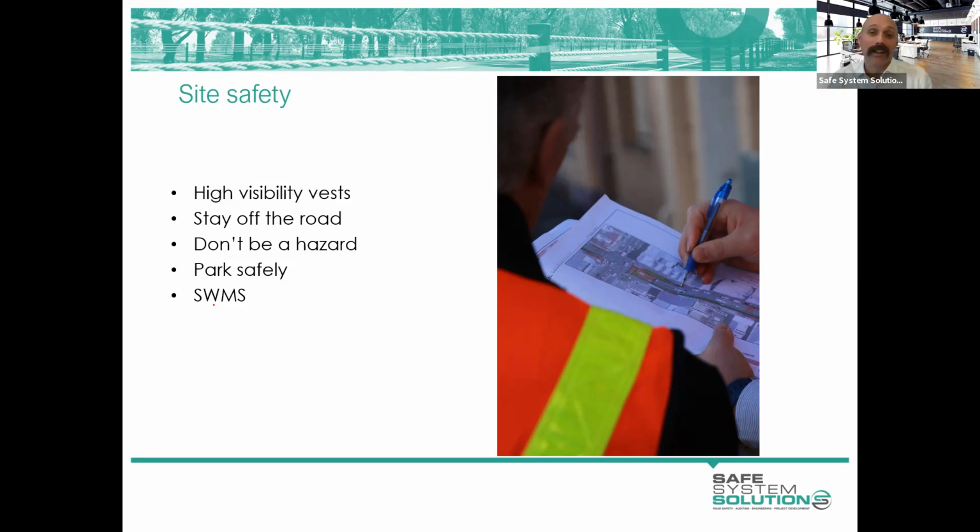In a real safe system assessment, I'll sometimes just have a chat with the local cafe, sit down and have a coffee. Oh yeah, what do you know about the intersection? Where do people come from? Have you seen any incidents? What are your thoughts? You get a nice, rich bit of information sometimes that way. But for our training exercise, don't do any of that.